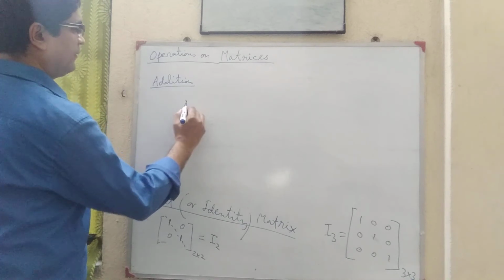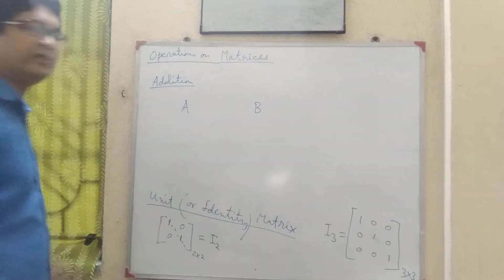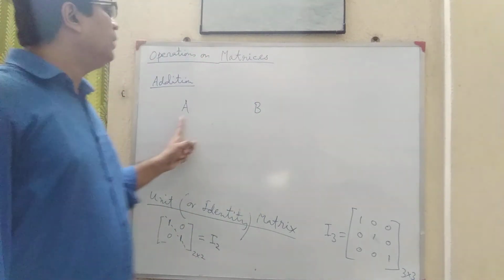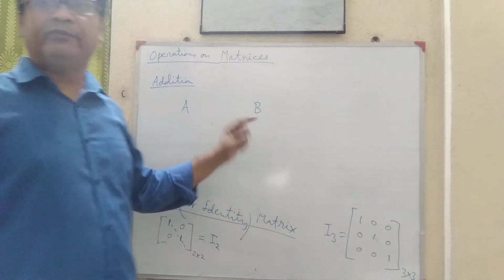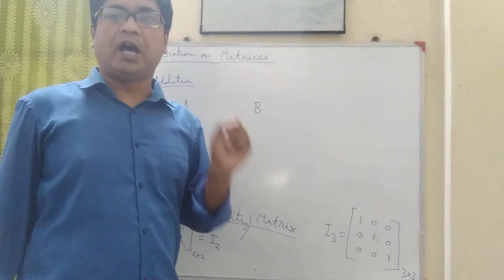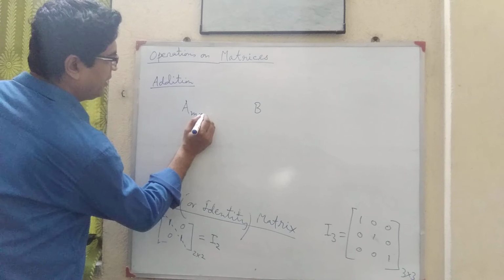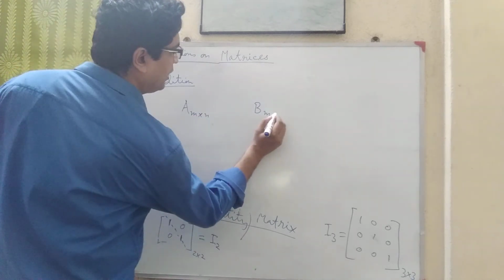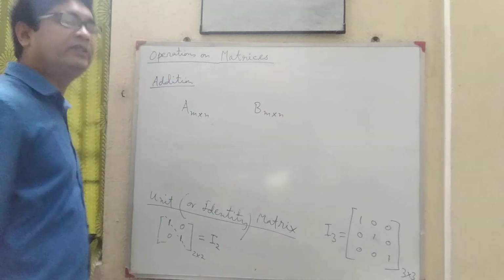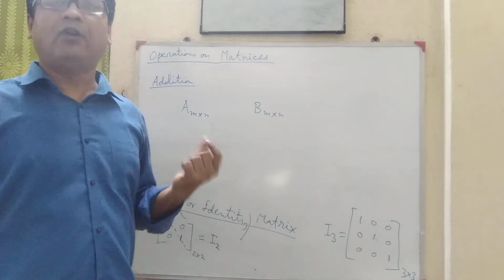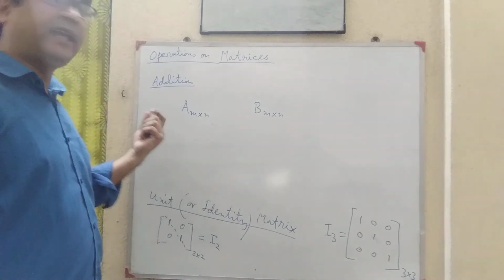Suppose A and B are two matrices, and we want to add them. We can only add them if their orders are exactly the same. That is, if A is an m by n matrix and B is also an m by n matrix, then only are they said to be conformable for addition, or they can be added.